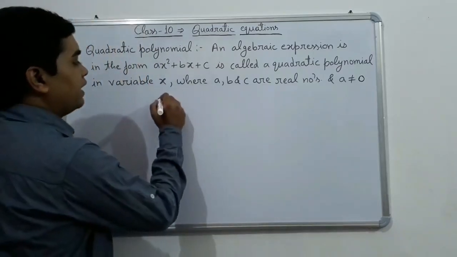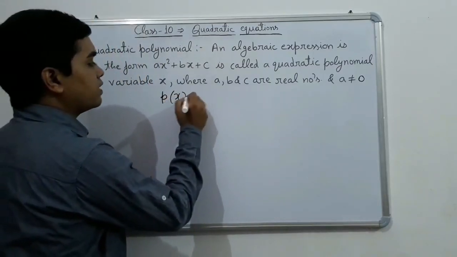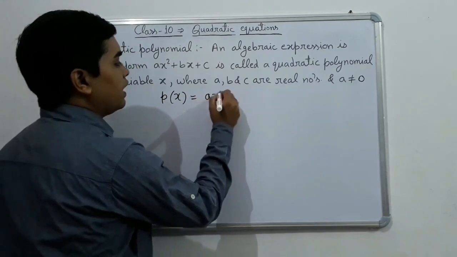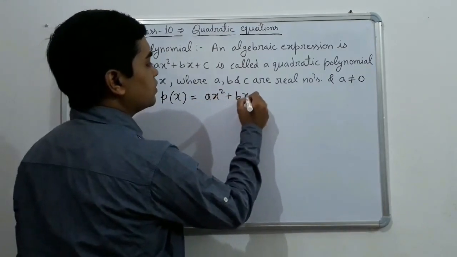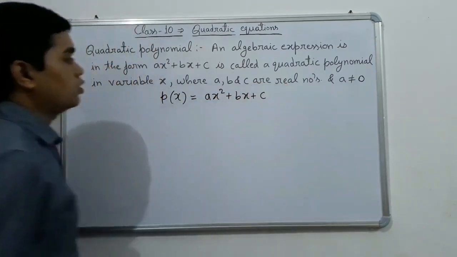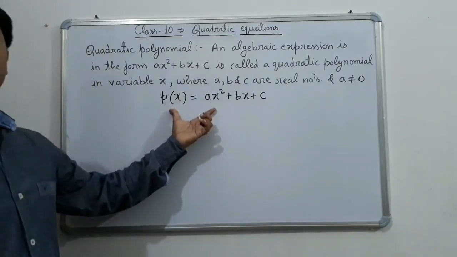We can write it like this: p(x) is equal to ax square plus bx plus c. So this is quadratic polynomial.